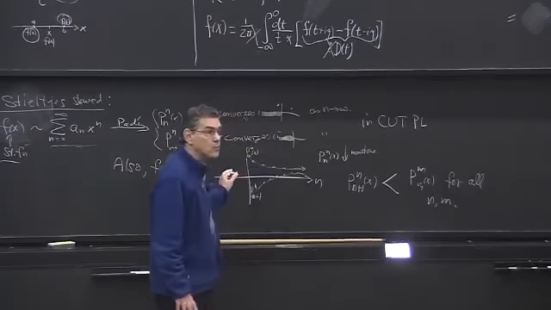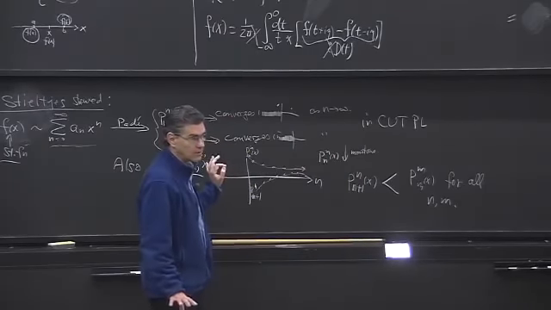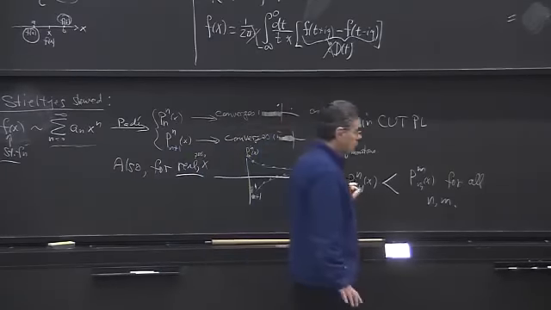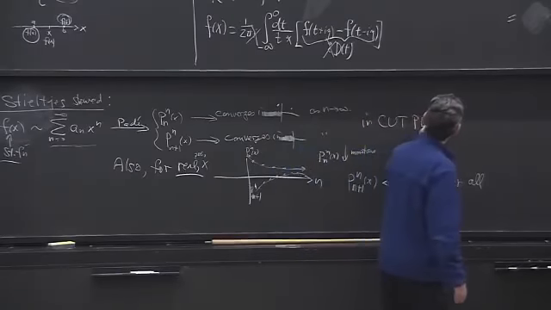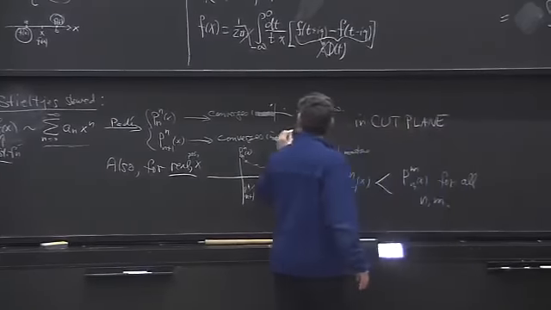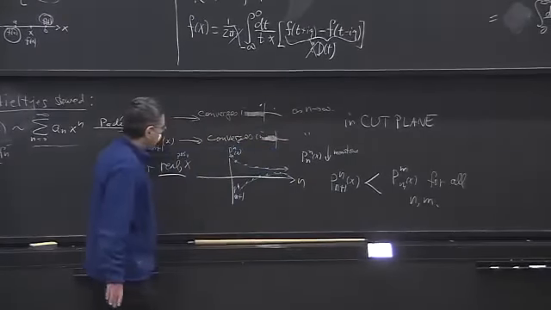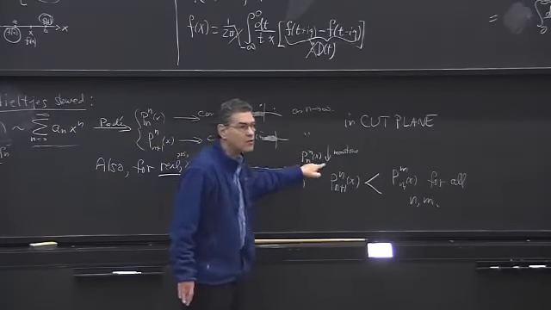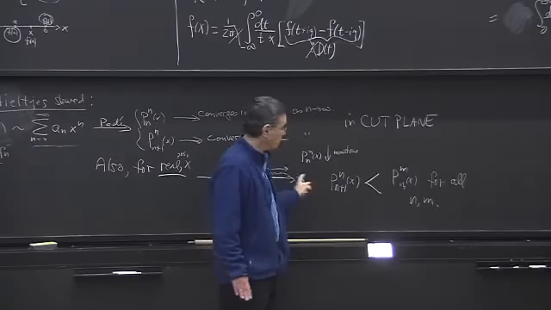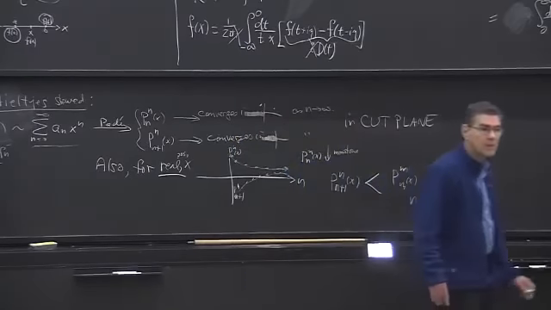We can't determine which value is the right value. So we have to stay away from the negative axis. But in the cut plane, f of x converges for all complex x in the cut plane. It converges on the real axis, and it converges in a monotone fashion on the real positive axis.